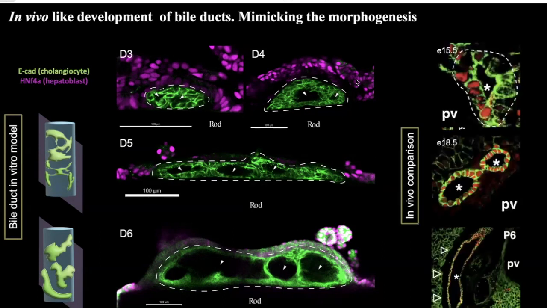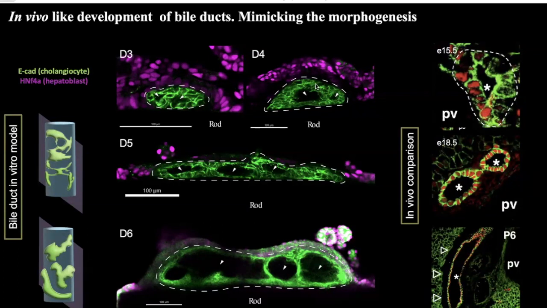So this also mimics, as I already described, what Frédéric has reported as a process of how the hepatoblast differentiates into cholangiocytes and goes all the way to the rod. The only difference that we see from the in vivo reported case is we never see these heterotypic lumens where we have cholangiocytes on one side and hepatoblasts on the other.